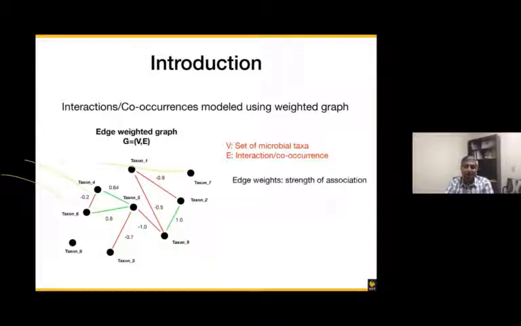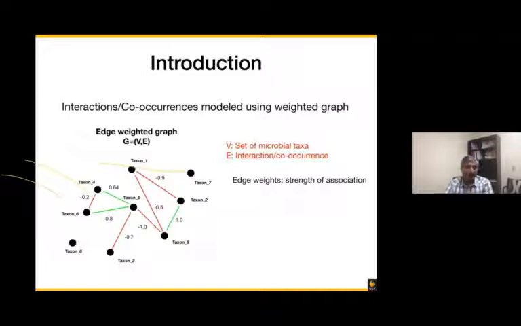And the goal is, can we infer these networks from genomic data, meaning either 16S data or metagenomic data? The idea is that you have a microbial community that you're observing, say a healthy human cohort.